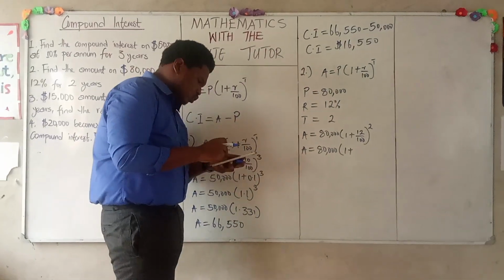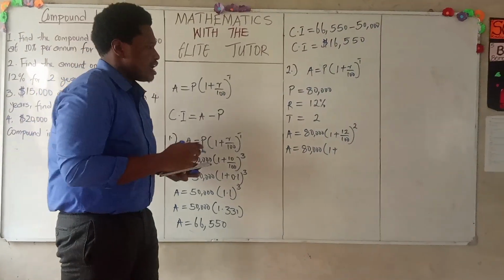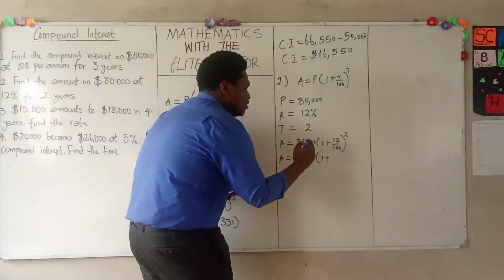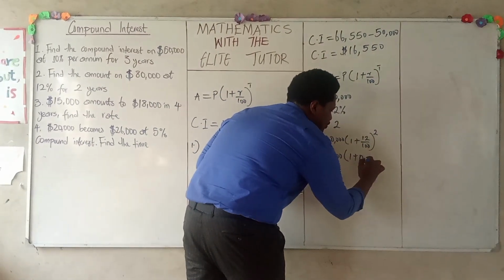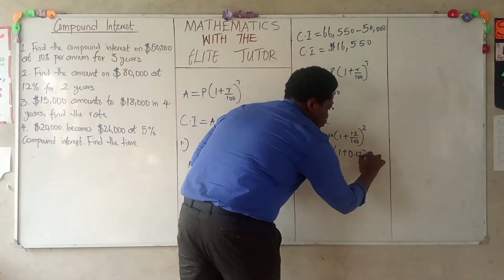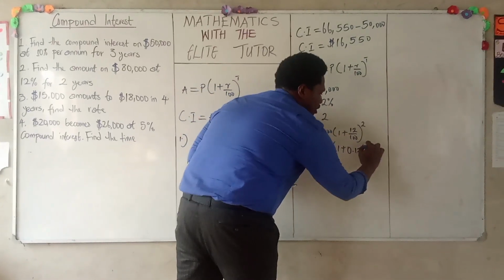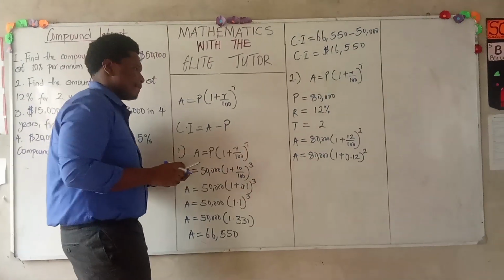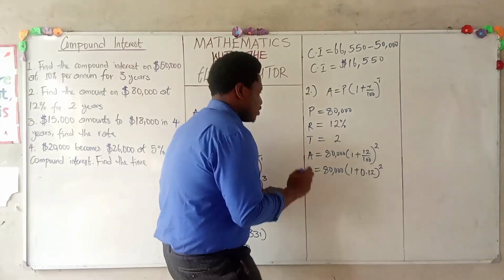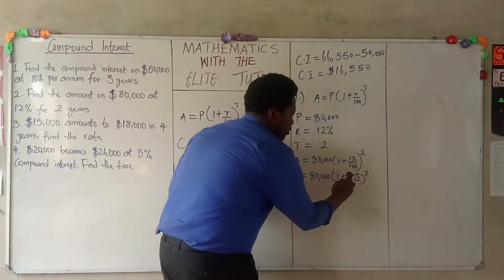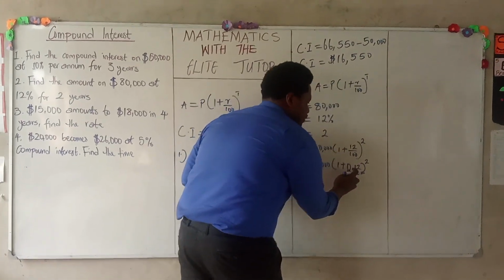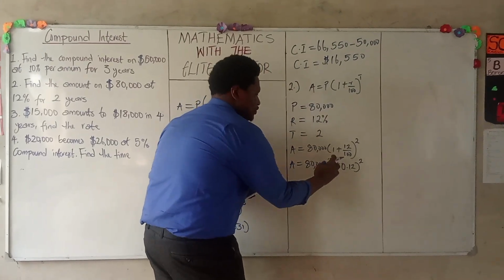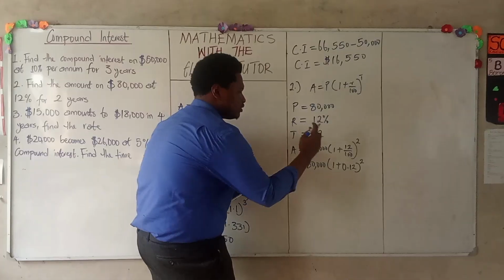What is 12 over 100? If we convert from our calculator, 12 divided by 100 gives us 0.12, all raised to power 2. So we have 1 plus 0.12 raised to power 2.